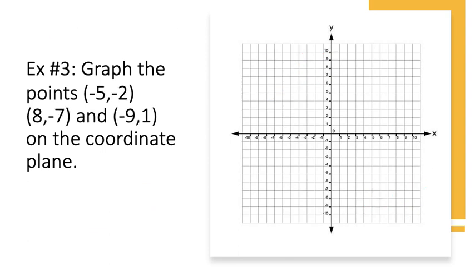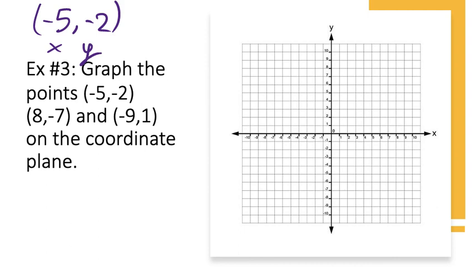We're going to do one more example. So now we have some that have both negatives. Alright, so let's do negative 5, negative 2. So we have x and y.